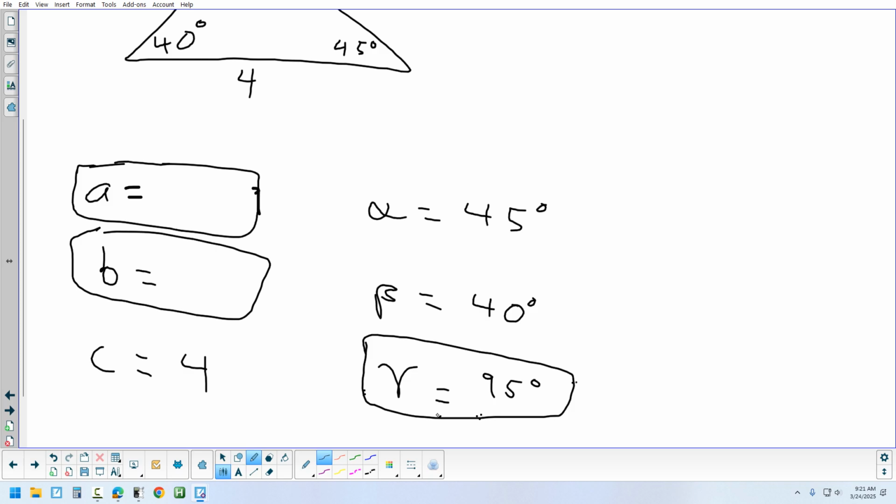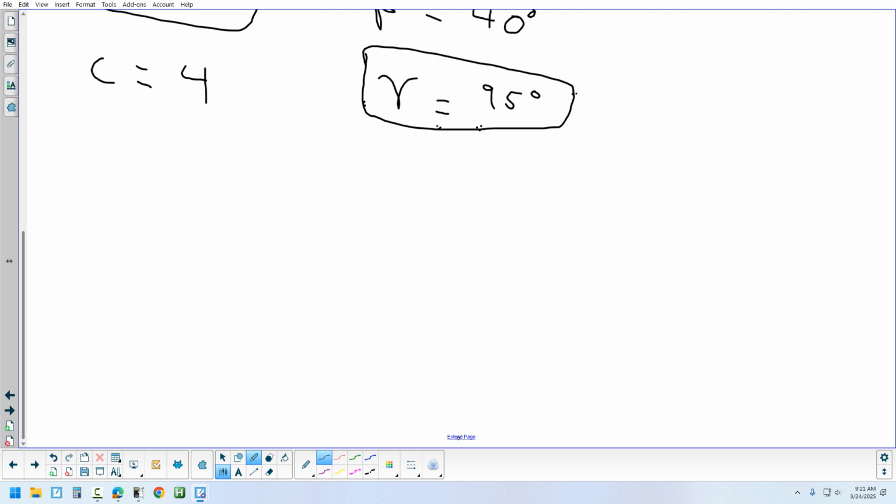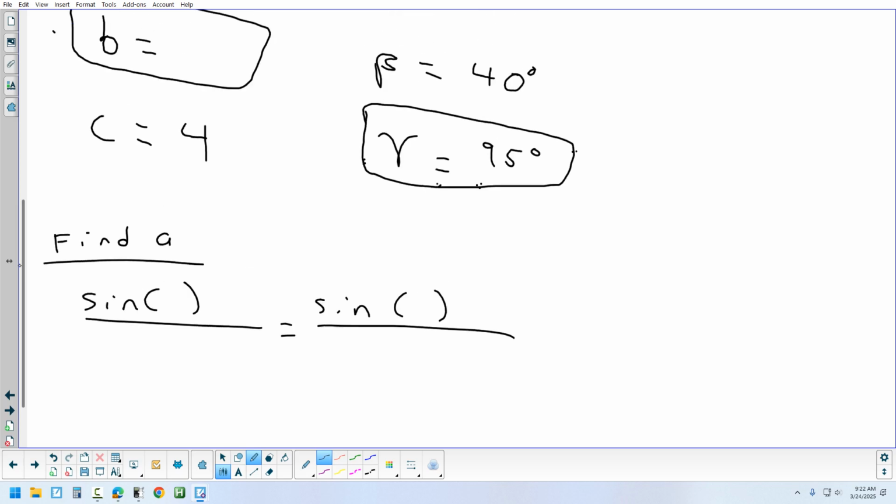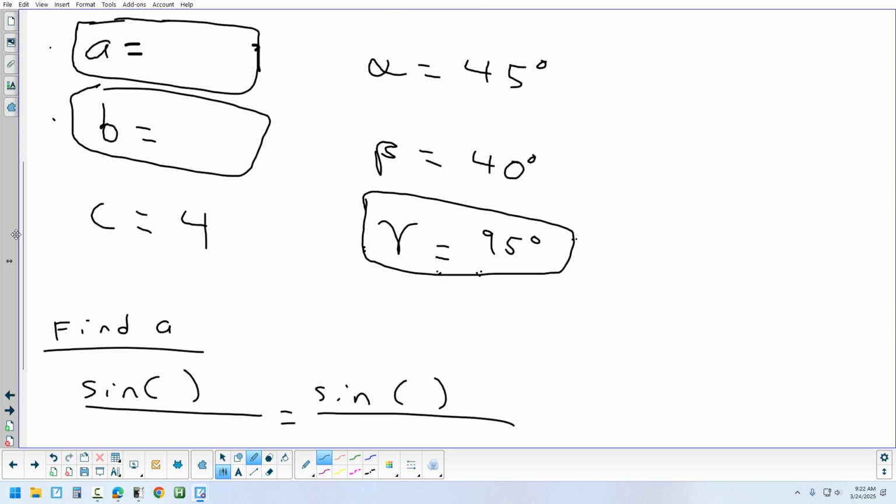Now, once you have that, A or B, doesn't matter which one you do first. Let's do A first. Okay, so remember the template, how it's going to look. Sine of something. Sine of something on that side. And now what could I fill in on the left side from my table?